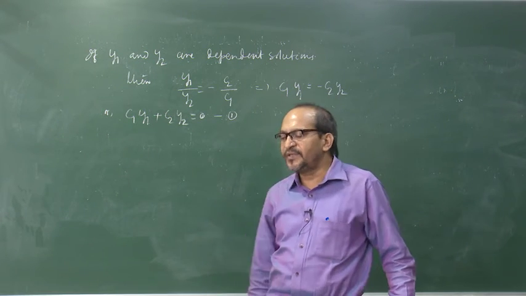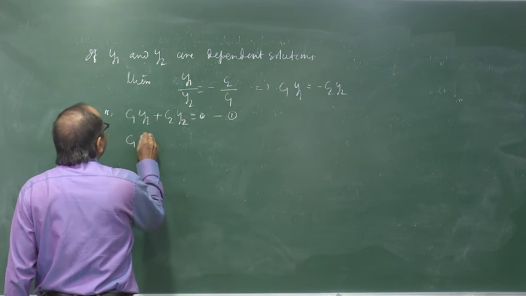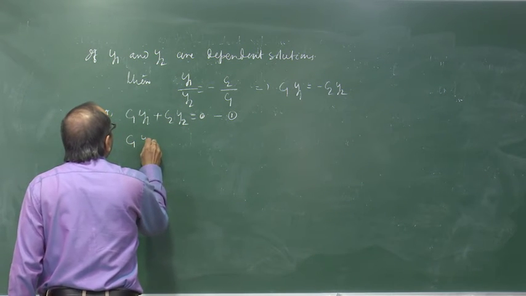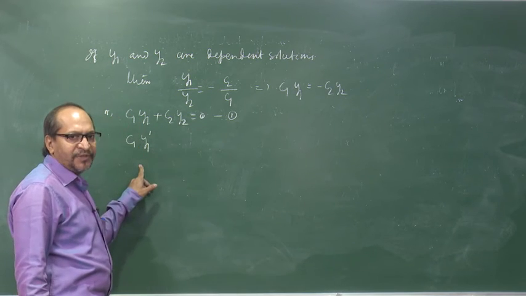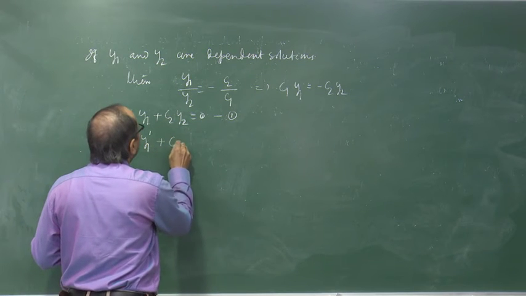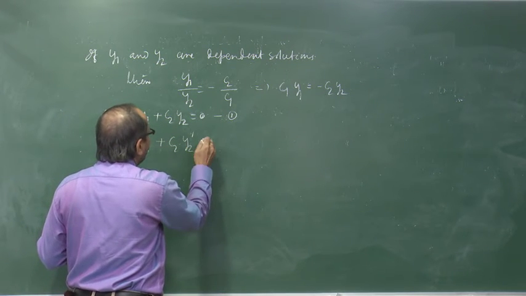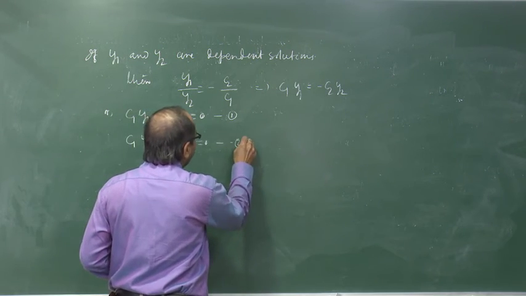From this equation we can write C1 into y1 prime, where y1 prime is the first derivative dy1 by dx, plus C2 into y2 prime is equal to 0. This is equation 2.